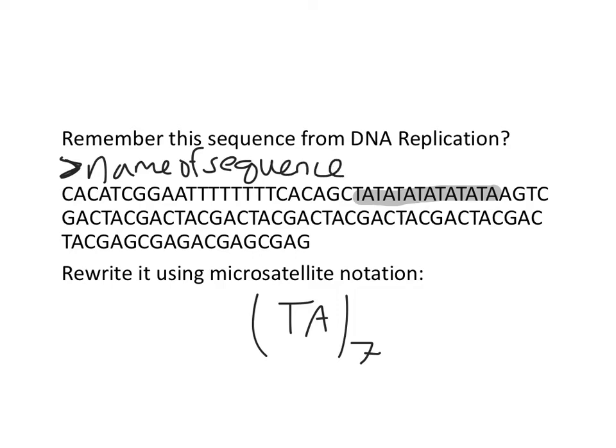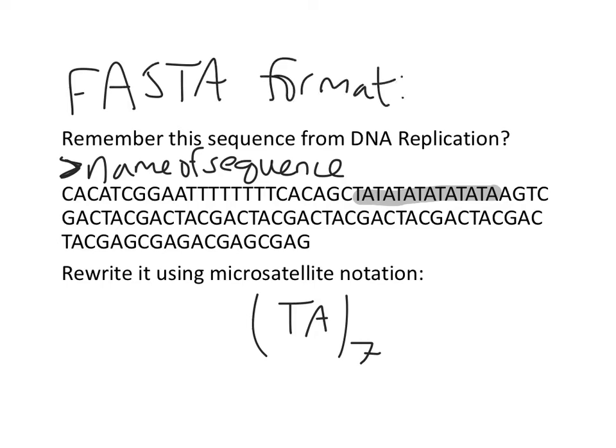If I gave you just a sequence of DNA and I asked you to turn it into a FASTA formatted sequence, that's what you would need to do: the greater than sign, and then some descriptive name, whatever you called it. In this case, it's a random sequence I made up, so it has no name.